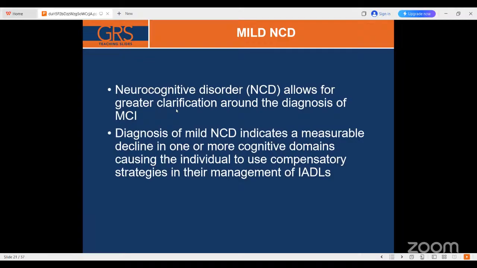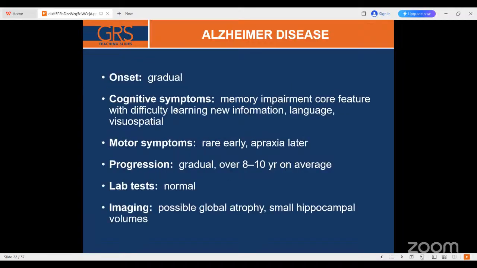The main differentiating point from normal aging is that with normal aging, the patient can do daily activities on his own and manage. With mild neurocognitive disorder, they start to have some difficulties, but he can manage in the end.